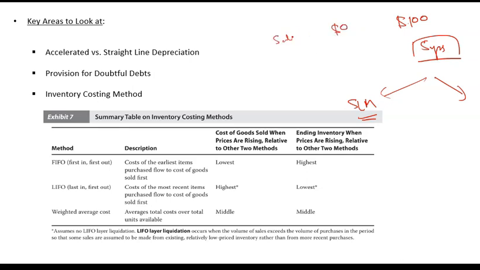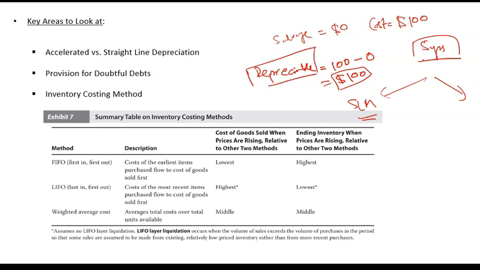That is known as salvage value or scrap value. Throughout the life, the depreciation will be cost minus salvage value, that is again $100. This is the depreciation I have to charge over the life.